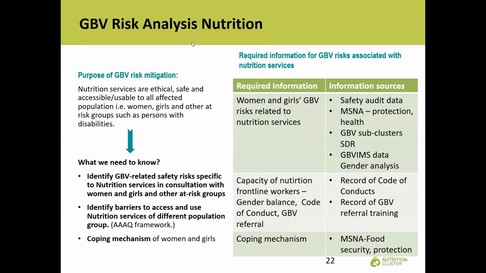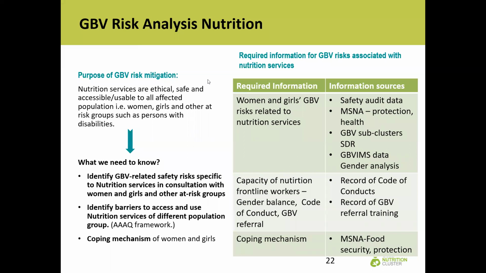And the last part is coping mechanisms, because emergencies, disasters, or conflicts do not affect everyone in the same way. For example, a very typical GBV or safety risk is the distance to nutrition services or their location. If the location is really dangerous, then it's really hard for anyone to access services.